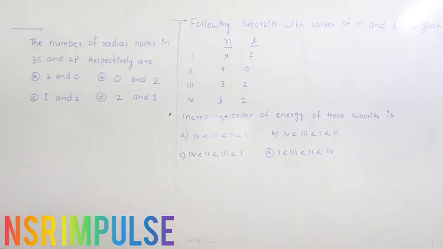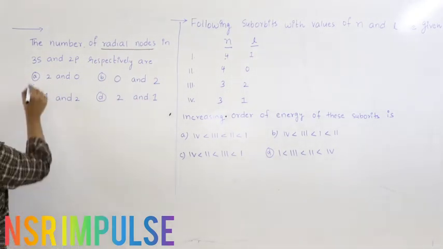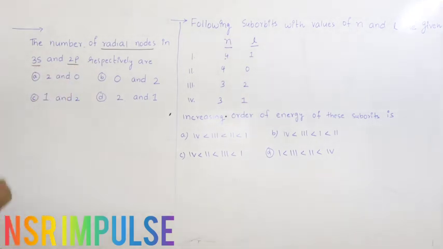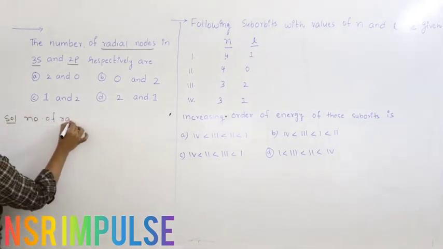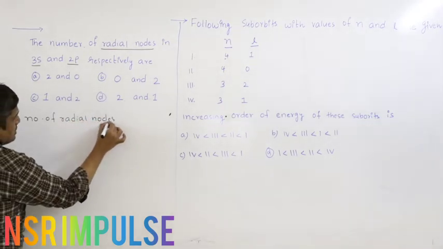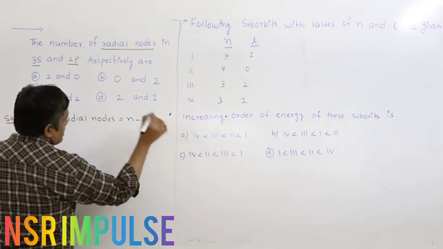Number of radial nodes. The number of radial nodes in 3s and 2p respectively are. It's a simple question. How do you find the number of radial nodes? Number of radial nodes is equal to n minus l minus 1.